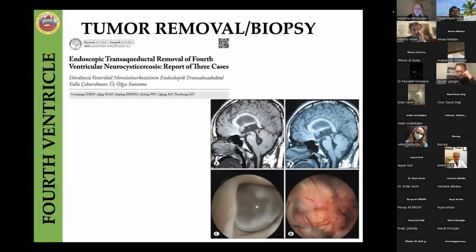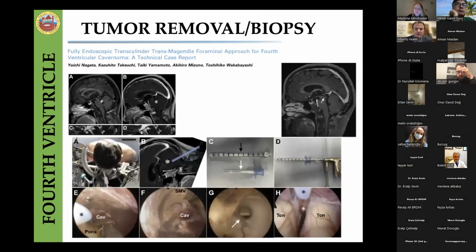But with a flexible scope, it is possible to go beyond this limit. We can cross this limit quite safely in selected cases. There are several publications, for example, cases of fourth ventricular neurocysticercosis, which can be removed through a transaqueductal approach.